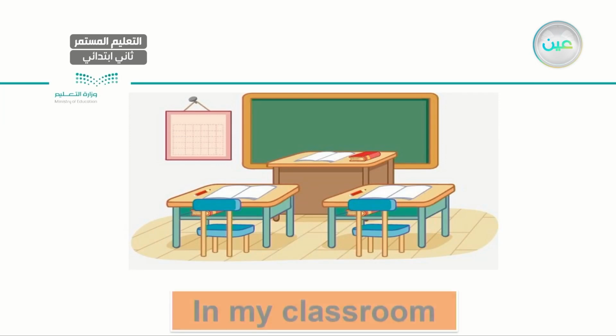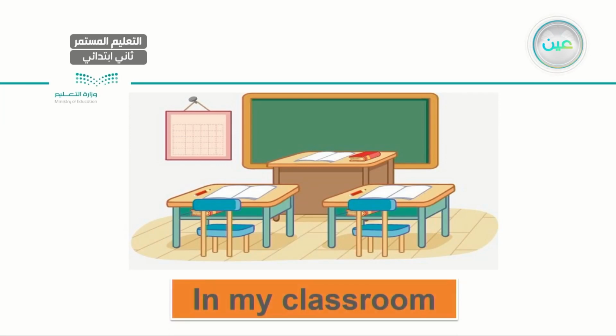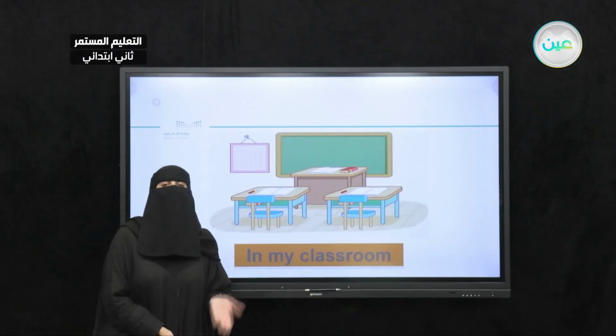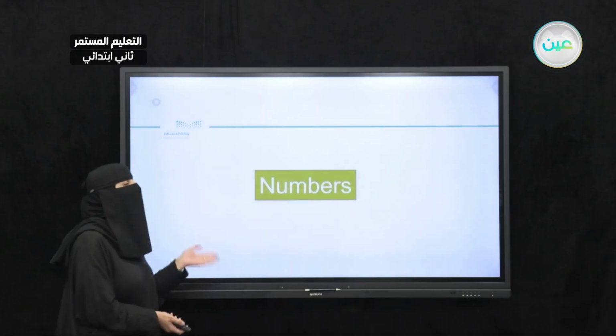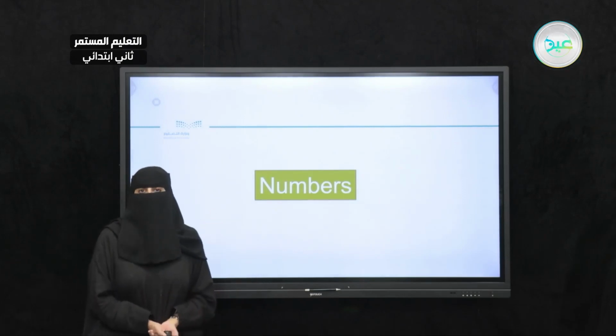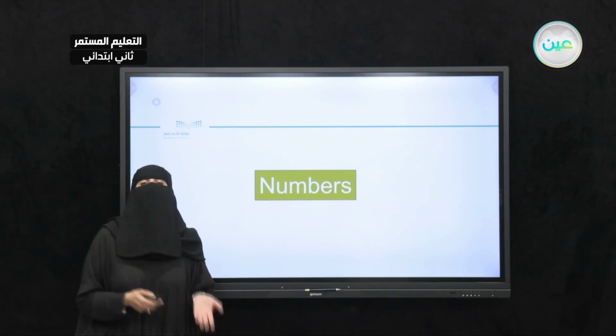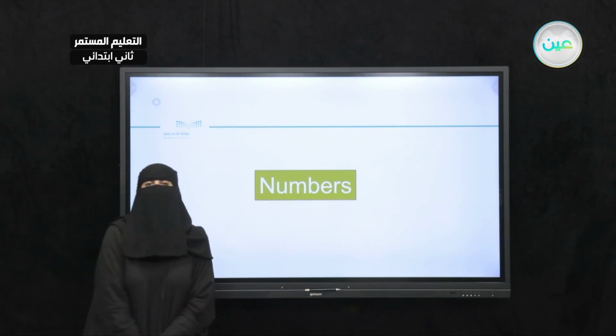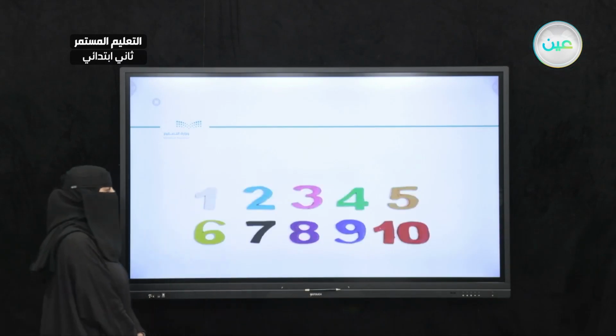What is it? It is my classroom. Very good. So this is my classroom. In the previous lesson, that was in page 21, we were able to name several things inside my classroom. Also, we took numbers. Let's go ahead and revise these numbers and have some exercises to check your understanding.